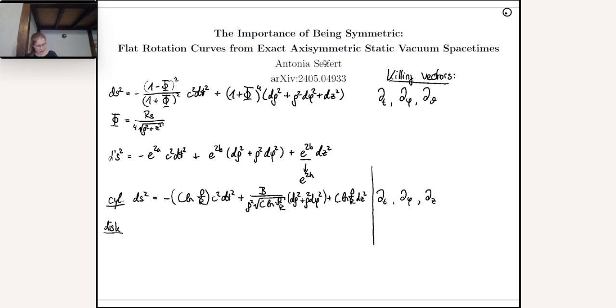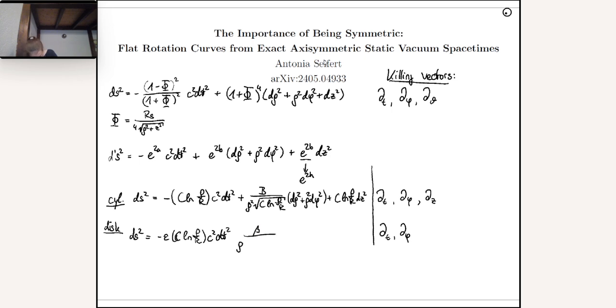By having this z-dependence, we only have two Killing vectors left, so del t for stationarity and del phi for the axisymmetric spacetime. The line element is then given by minus epsilon times c ln(rho over R) c squared dt squared.